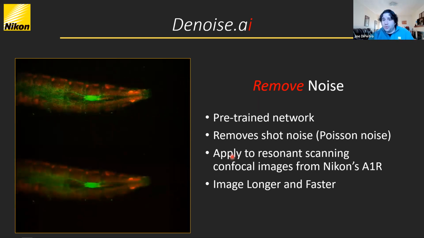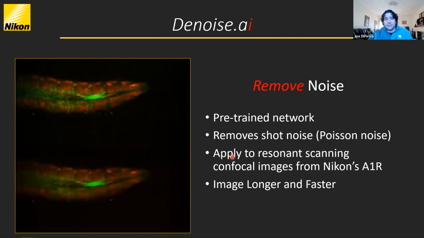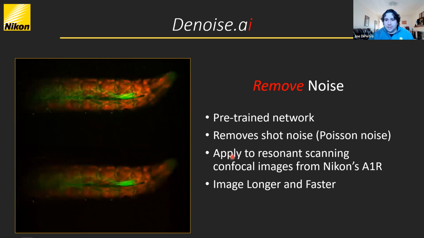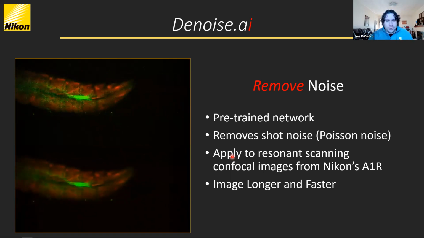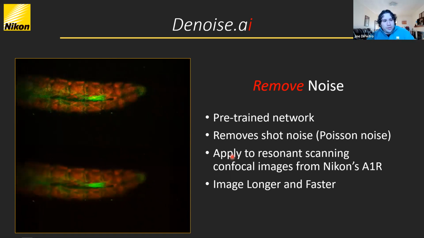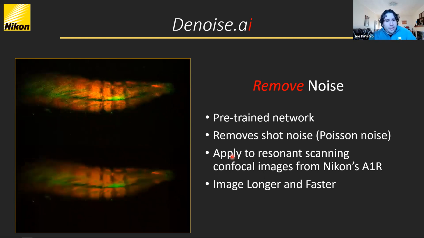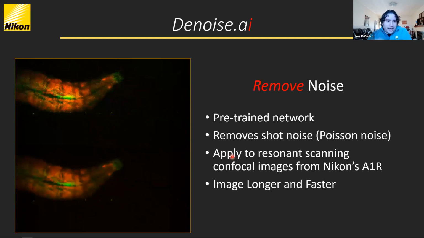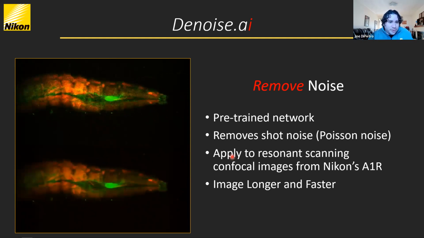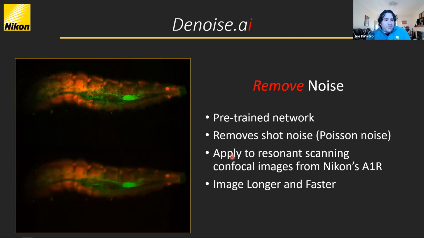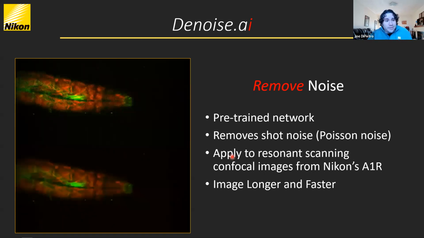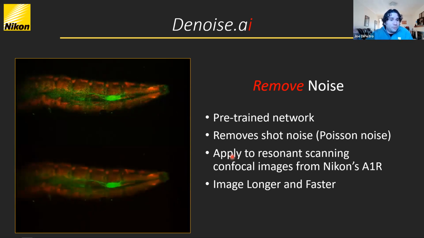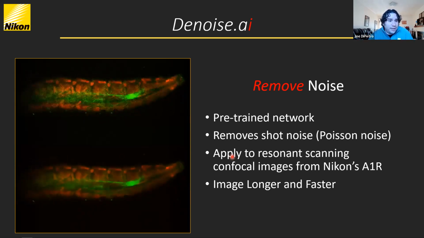So for those of you who have less experience with imaging, everything is give and take with microscopy. It's like life. You do one thing, it helps you, and then maybe you want to get something else and you do it at the expense of another thing. So if you want to image fast, then you can image fast, but then you're getting less light because you're taking the images really fast and collecting less light, right?